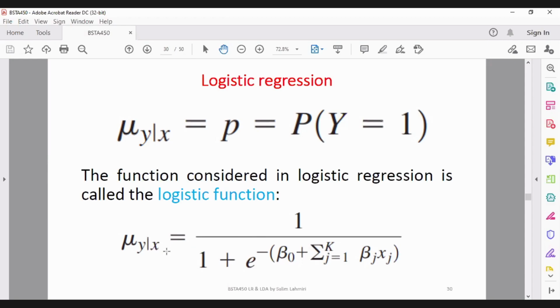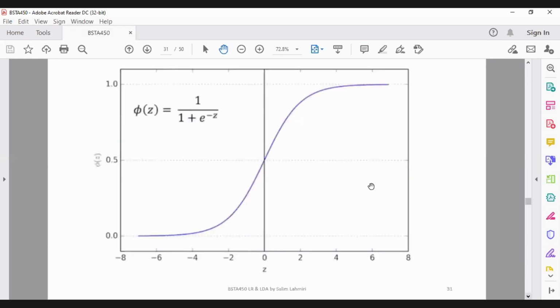This logistic function is equal to mu of y given x, equal to 1 over 1 plus exponential of minus beta 0 plus beta 1 x1 plus beta 2 x2 plus beta 3 x3 plus up to beta k xk.